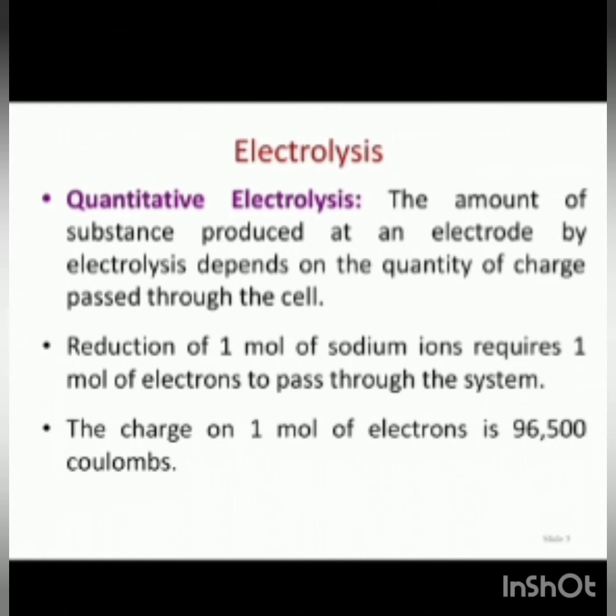The positive ions, which may be metal ions, move to the electrode connected with the negative terminal of the battery, where these positive ions take electrons, becoming pure metal atoms and getting deposited on the electrode.